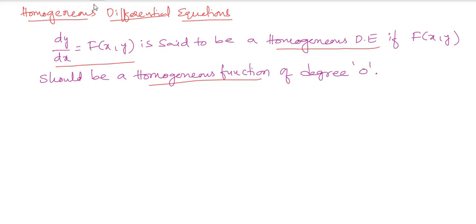I already explained this in the part on what we mean by homogeneous function. Homogeneous function means the degree must be constant.